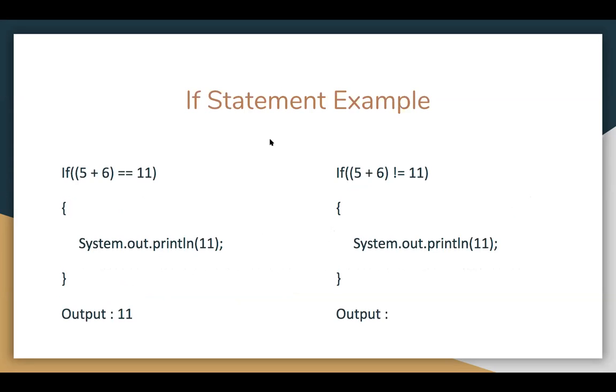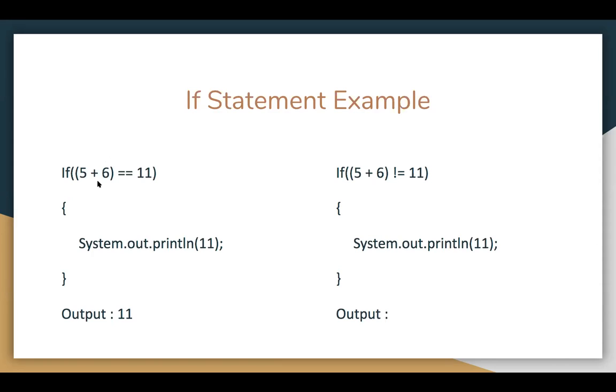If statement example. As you see on the left here, you can have this type of expression in between the parentheses, and since this evaluates to a Boolean, that's allowed. In parentheses, we put 5 plus 6, so that equals 11. And 11 is equal to 11, which evaluates to true.